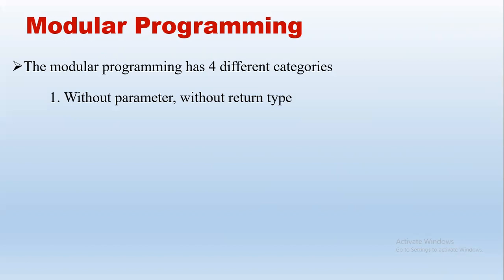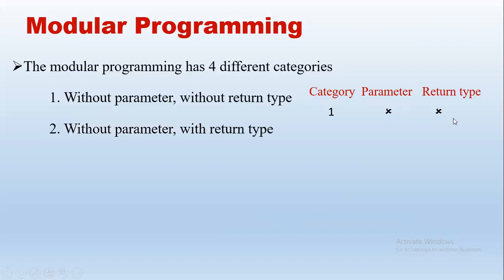Let us see the first type, which is without parameter and without return type. In this, we do not pass any parameter and we do not get back any answer from the function. Instead, the value can be taken as input within the function and we may print the answer or the result also within the function. So the first type is no parameter and no return type.